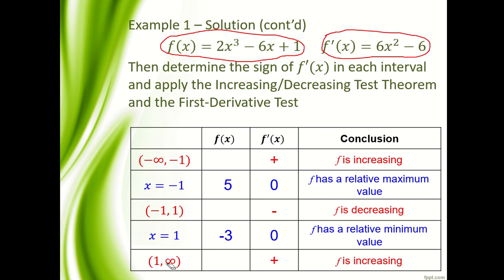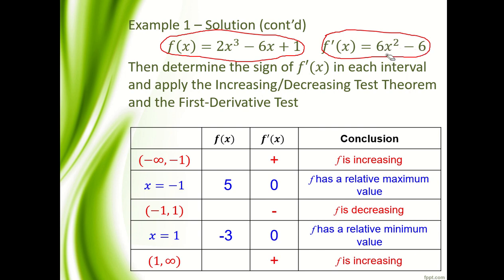Now for the interval 1 to positive infinity, meaning on the right side. Solving for f prime of x, what are values within this interval? You can assume 2, 3, 4, and so on. Assuming 2, 2 squared is 4, times 6 is 24. 24 minus 6 is 18, so that's positive.